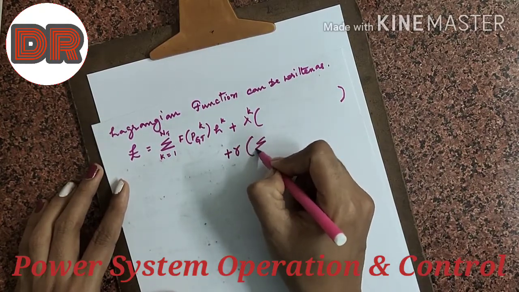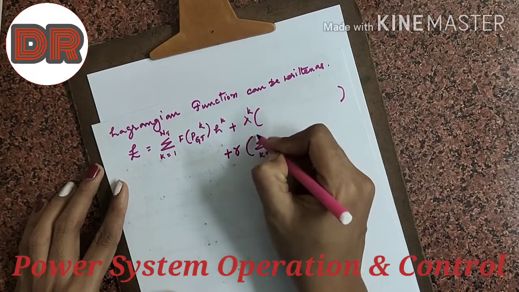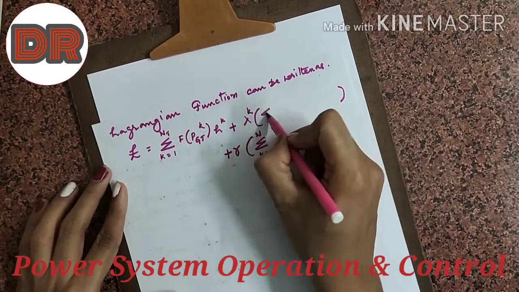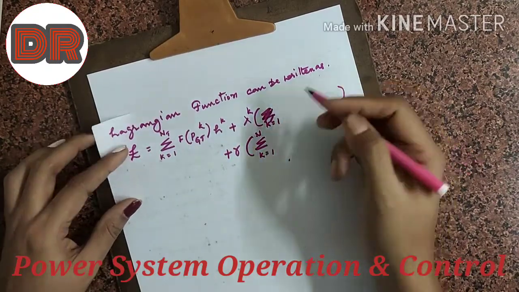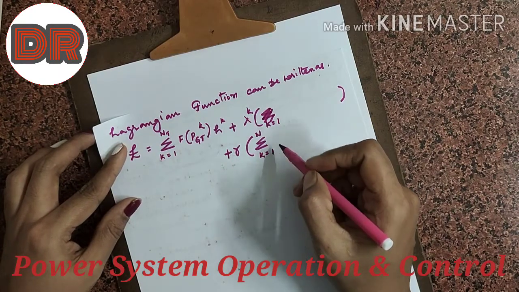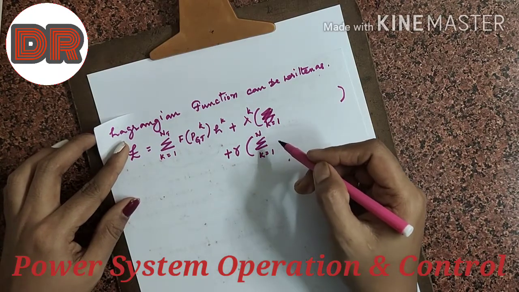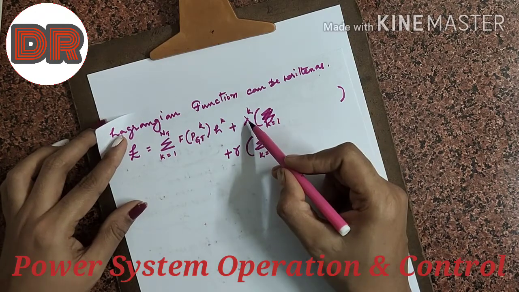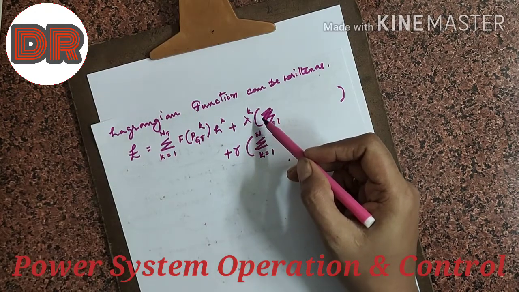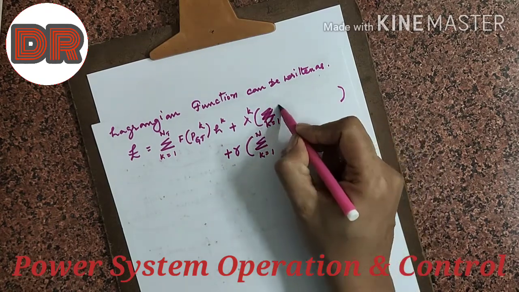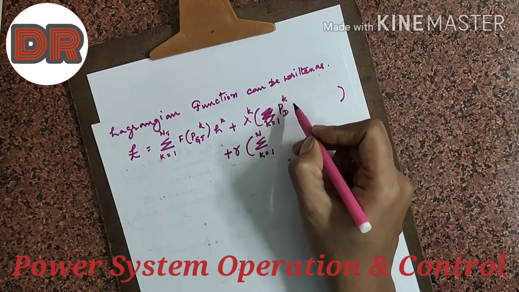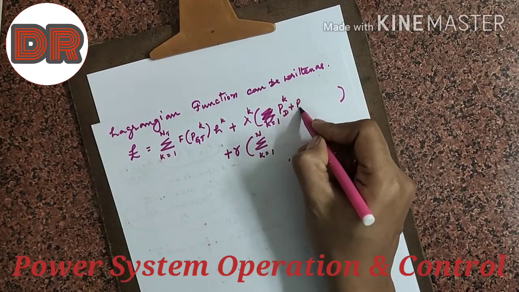So it is summation k equals 1 to n. Let me use this multiplier for the power balance equation, and the second one for the total water volume discharge. Why? Because in the previous case we used lambda for the constraint which included the thermal power plant energy, so I am using the same for the power equation here. You can use the symbols interchangeably, but you should remember which is for which.